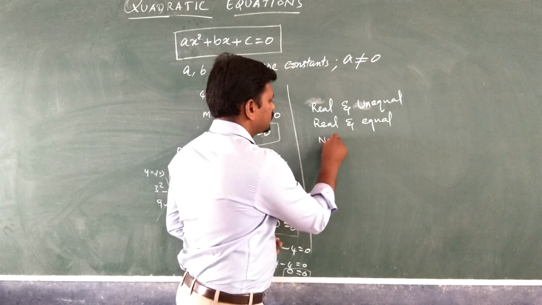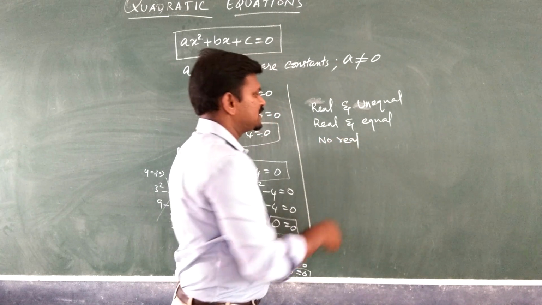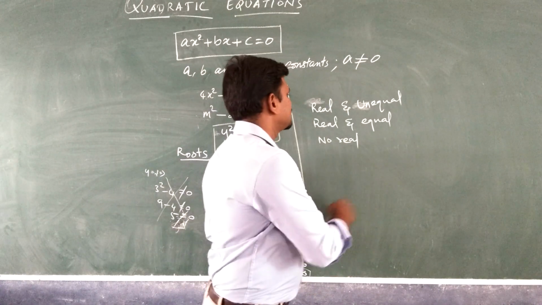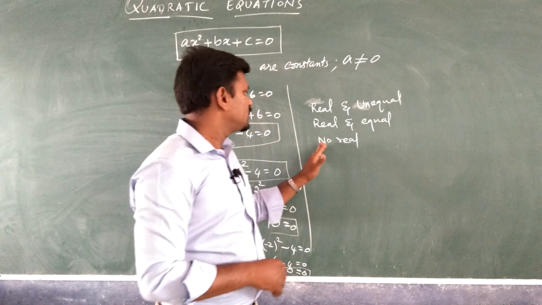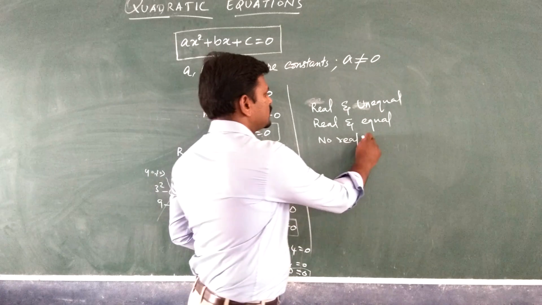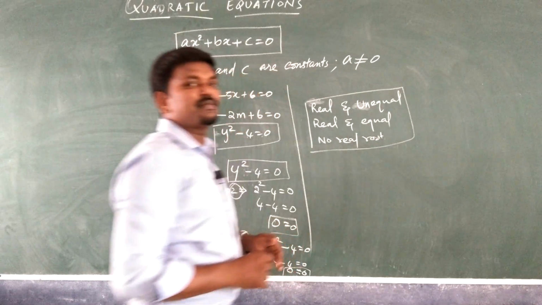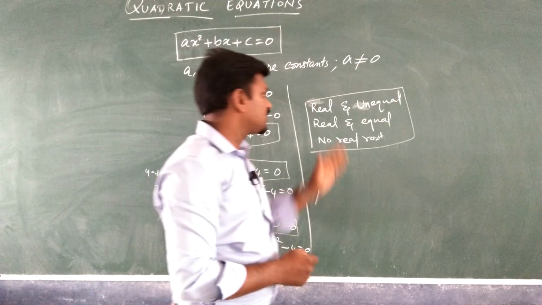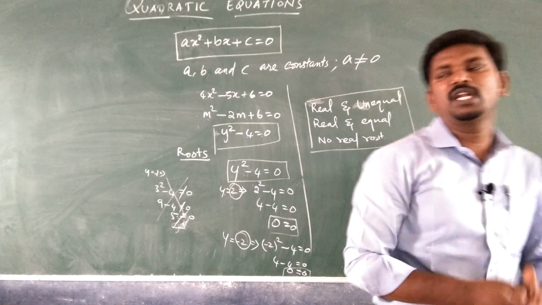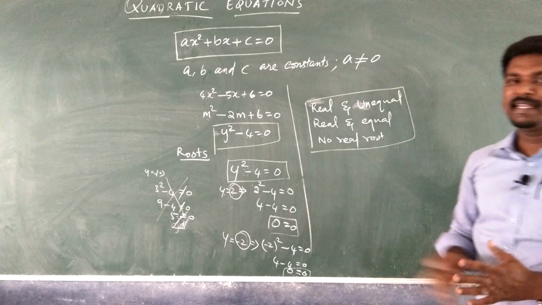Then for some of the questions we will not get real roots. No real roots. So these are the three different types of roots we may get for a quadratic equation.